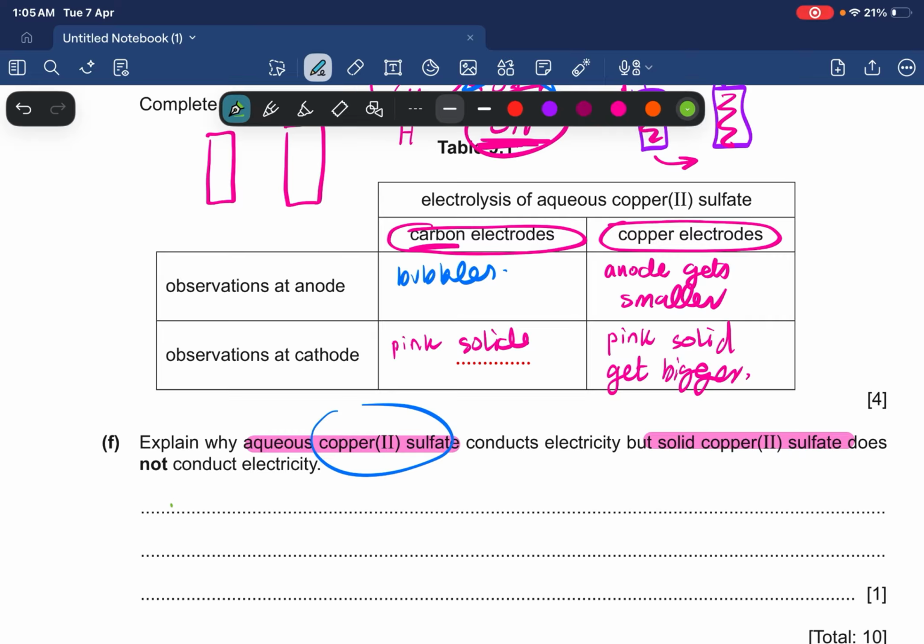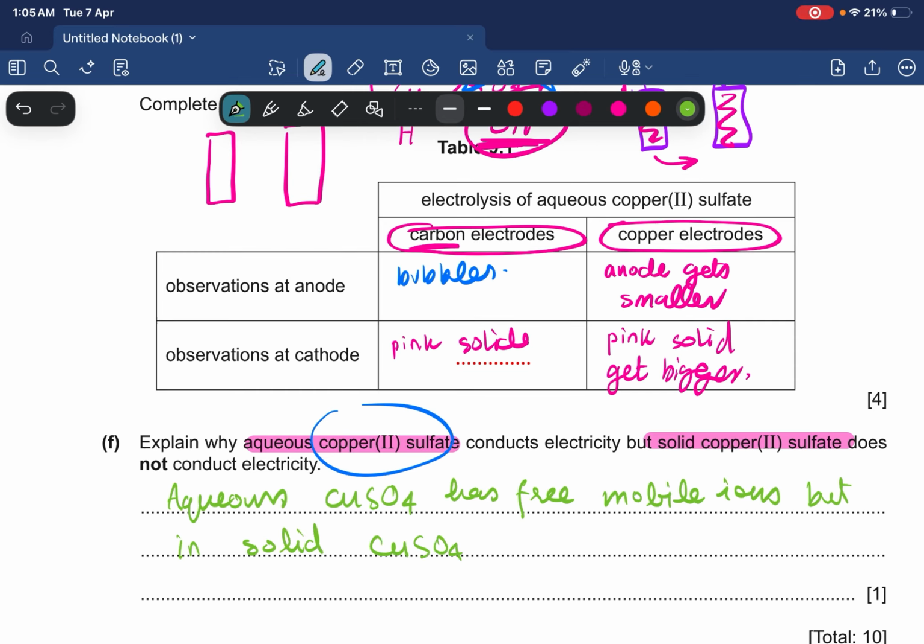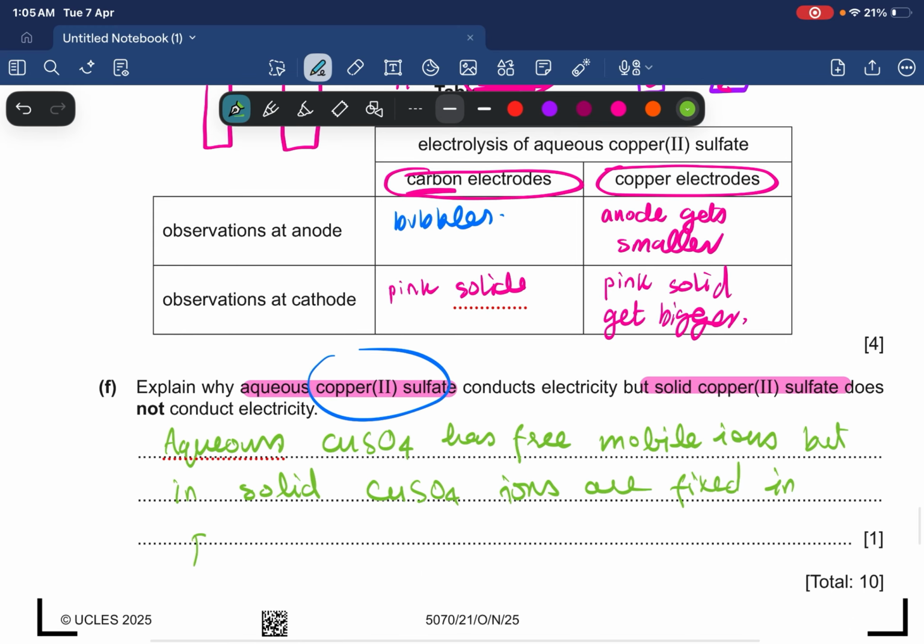So I'm going to write: aqueous CuSO4 has free mobile ions. But in solid CuSO4, ions are fixed in positions.